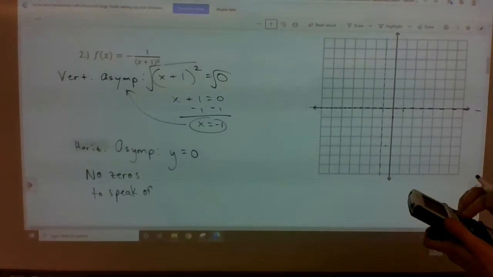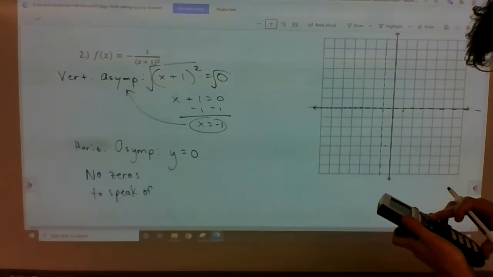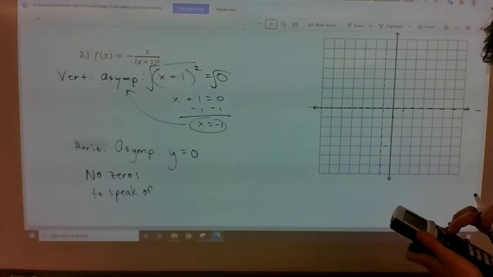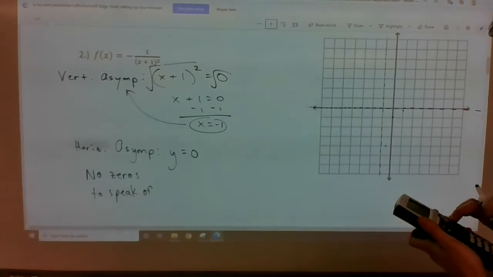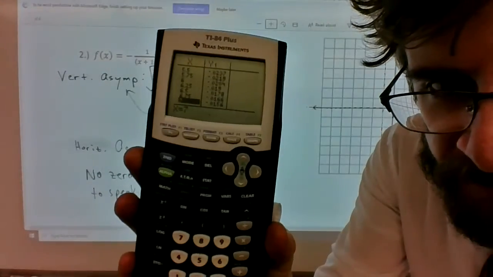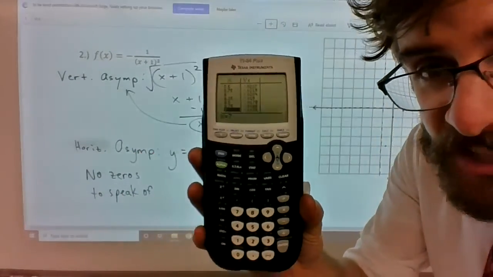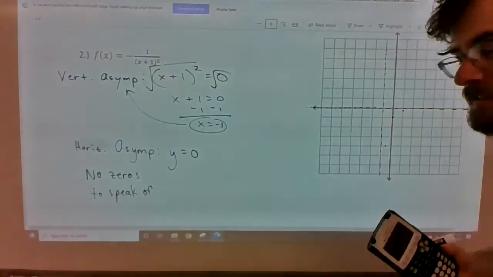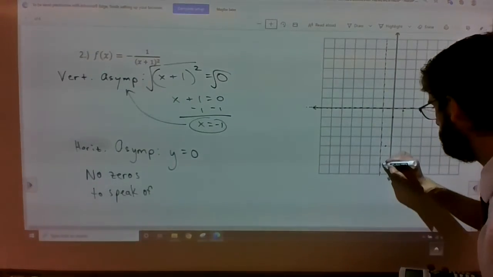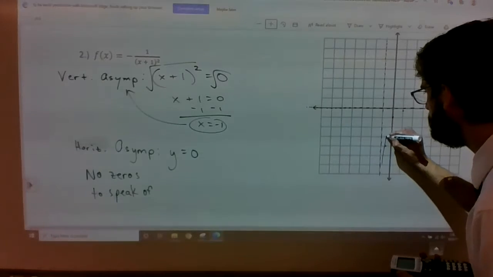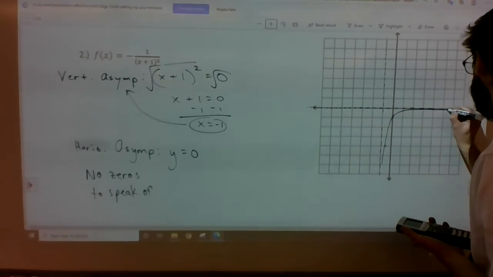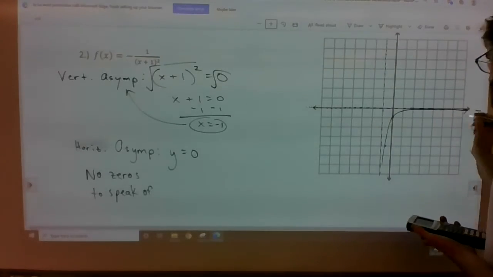If I say I go all the way out to 7, the extent to what this graph can go to, I get negative 0.0156. That's just below the x-axis. So it gets really close to the x-axis right away, but never crosses.